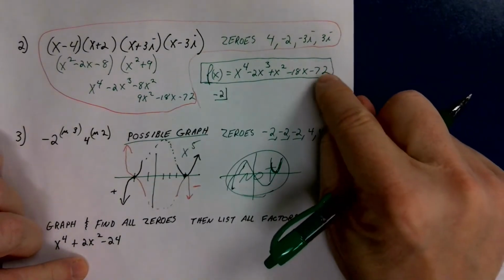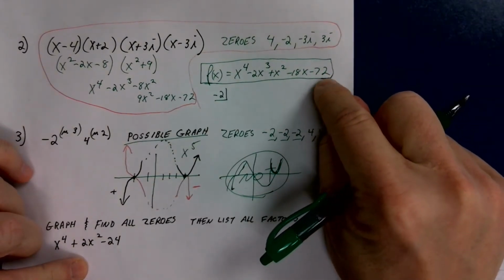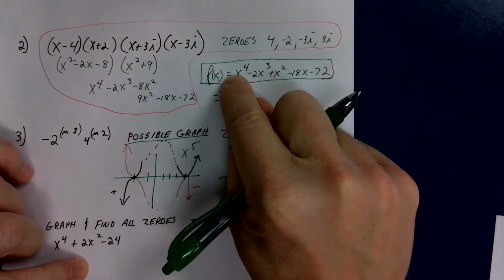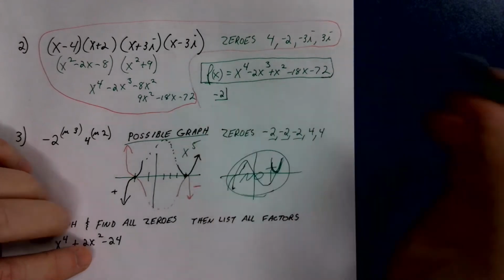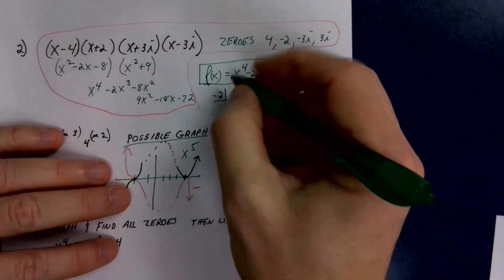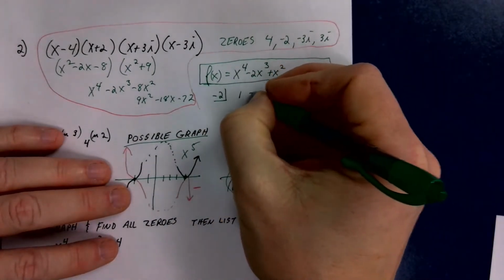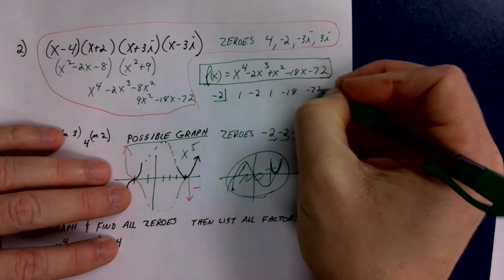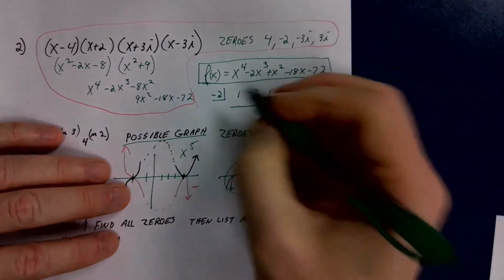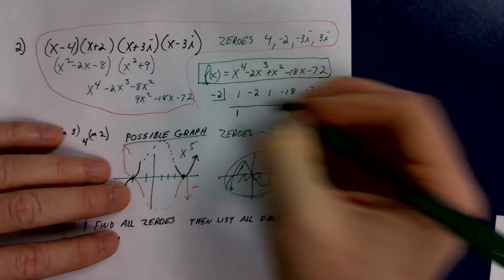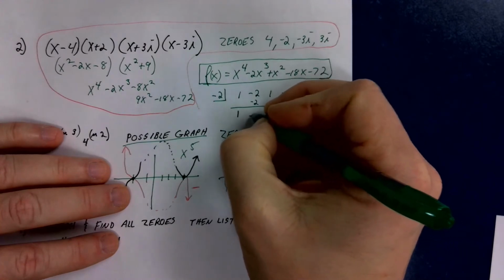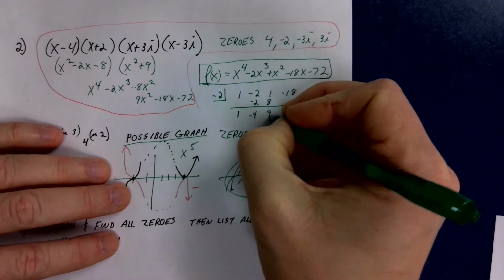Now just a reminder, we know that all the possible rational zeros are all the factors of 72 divided by 1. Negative 2 happens to be a factor of 72, so I'm going to go ahead and do this. So I got 1, negative 2, 1, negative 18, negative 72, and I believe this better be a 0 when I go through and do this synthetic division. 1 times negative 2 is negative 2, that's negative 4, that's 8, that's 9.